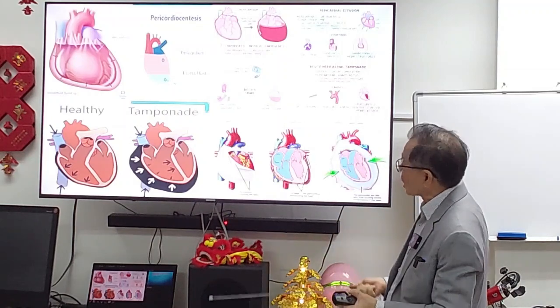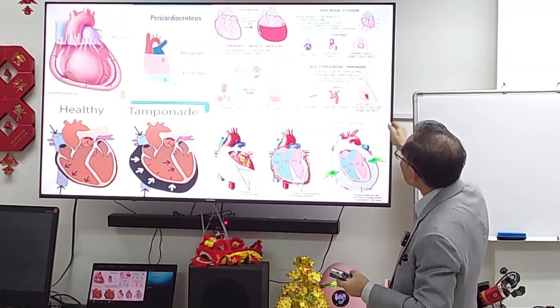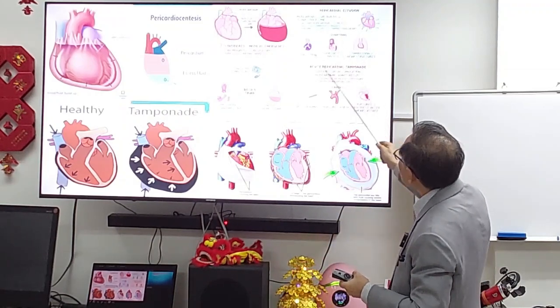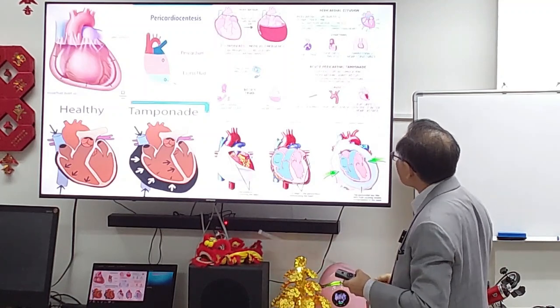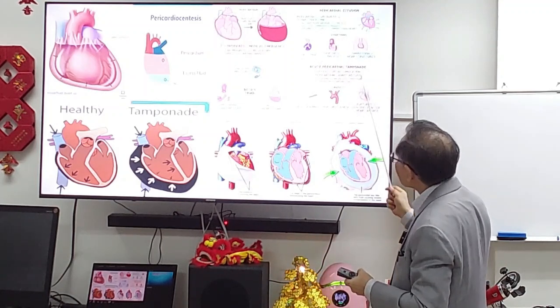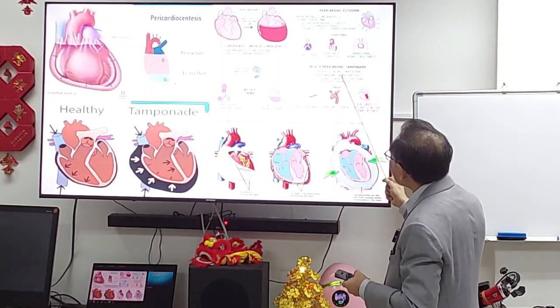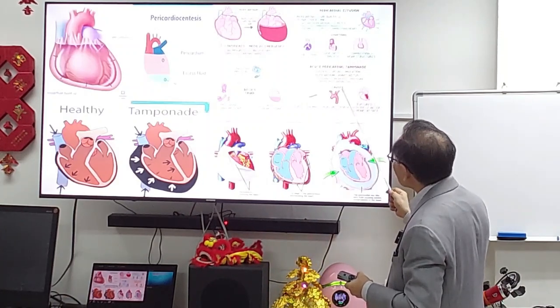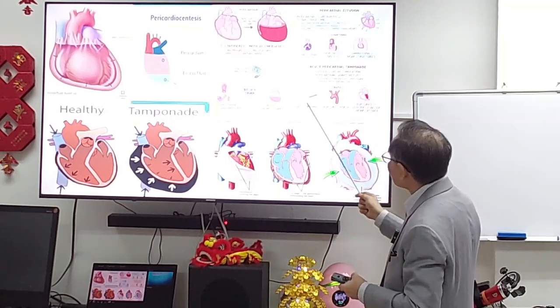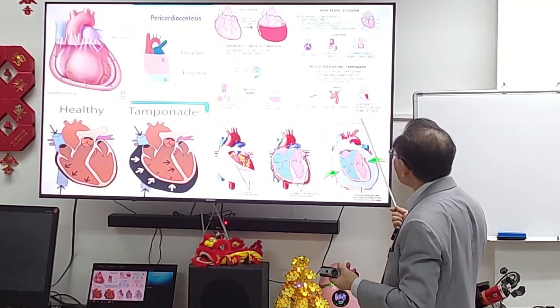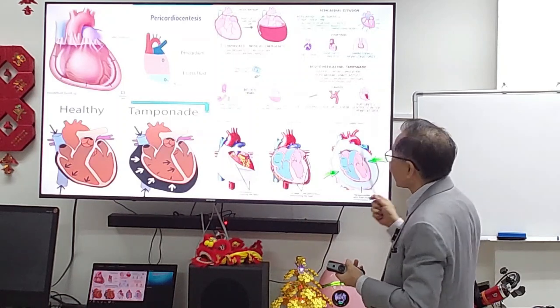The accumulation of fluid can take place slowly. When you accumulate over time, then there's chest pain, shortness of breath and all that. When there's a rupture that causes the fluid to accumulate, it can be very sudden, a sudden increase of pressure, sometimes caused by trauma, accidents, and then you can get a heart attack suddenly.